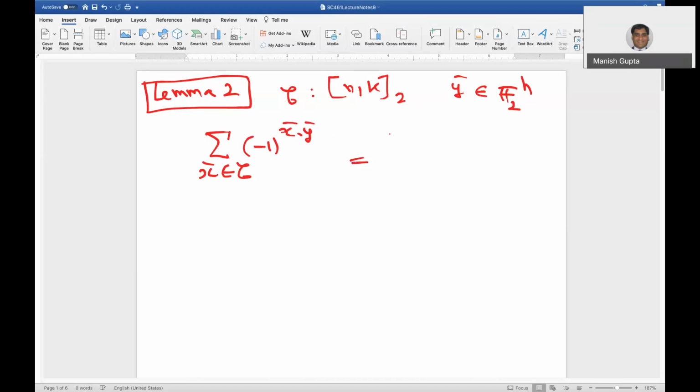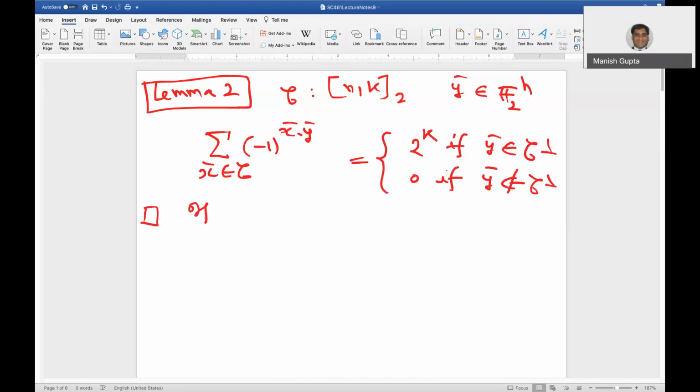This value is 2 raised to power k if y belongs to C perp, and 0 if y does not belong to C perp. Okay, this is a simple proof.